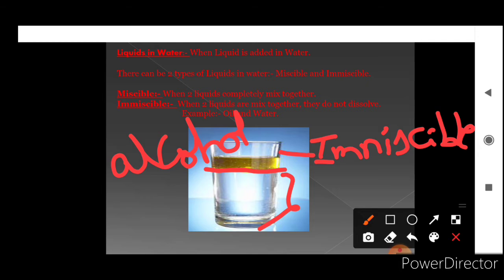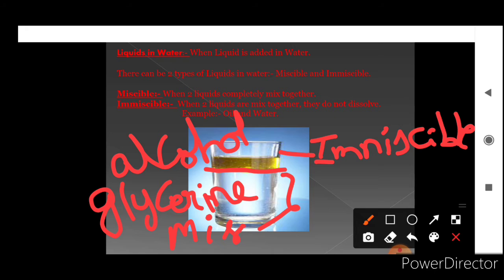When we mix alcohol or glycerin in water, they easily mix. These types of liquids are known as miscible liquids. Liquids that do not mix with each other are immiscible liquids, and liquids that can mix with each other are miscible liquids.